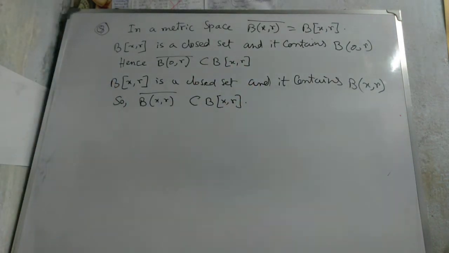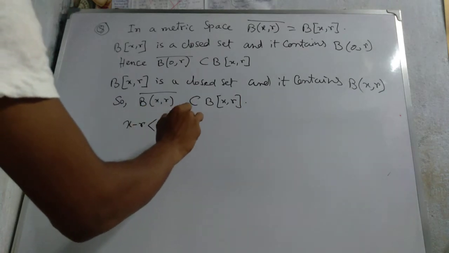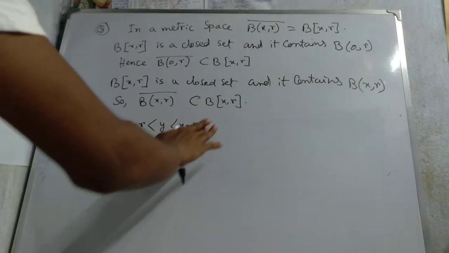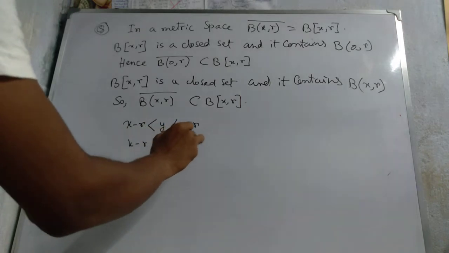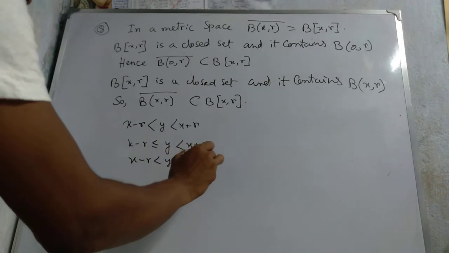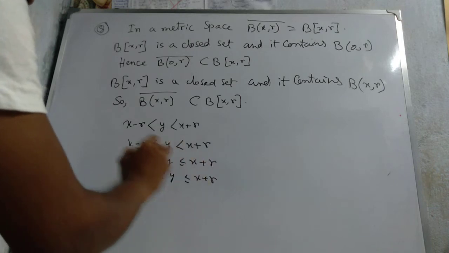How is this possible? This is possible because B(x, r) means x minus r is less than y, less than x plus r. Then its closure means just adding the limit points, so either this is possible or this is possible.